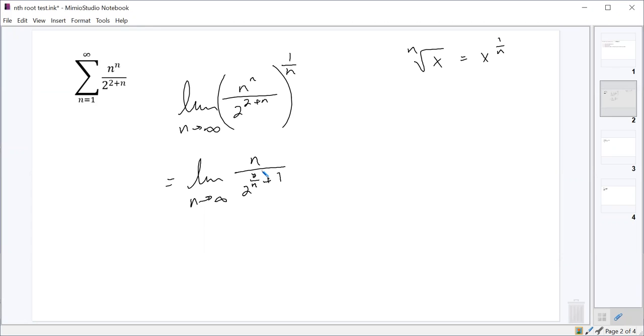And what happens as n goes towards infinity? Our numerator should be infinity, right? And our denominator, 2 to the 2 over infinity would be 0, right? Plus the 1, so that just becomes infinity over 2, which is infinite, which tells us that this series is divergent.